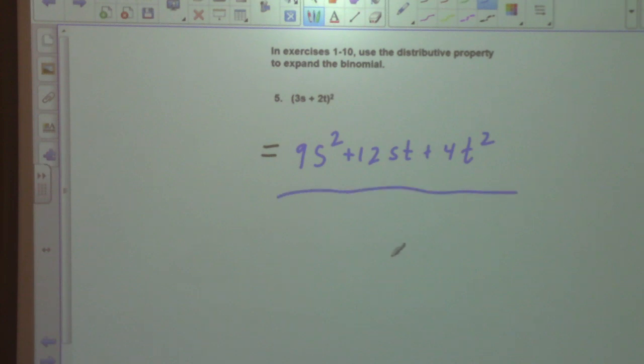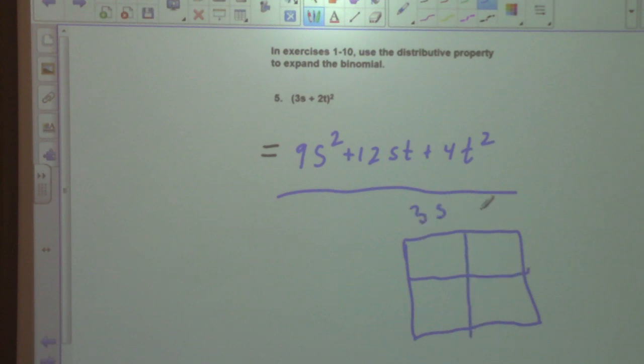And she used a box method, she went like this, is what you're saying. So she goes like this and puts 3s and 2t here, 3s and 2t, and just worked it out and got it that way, okay? And this one here, that's 12st. So that 2 can look like a z. Okay? Questions on that one?